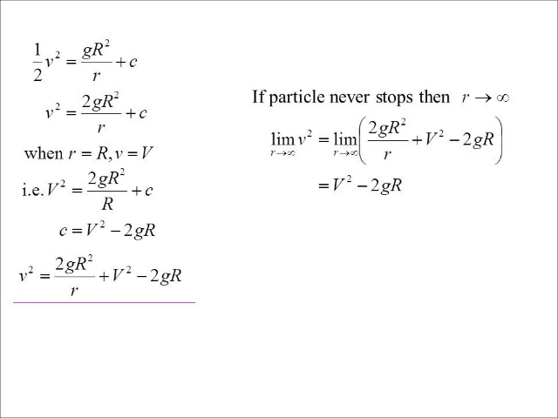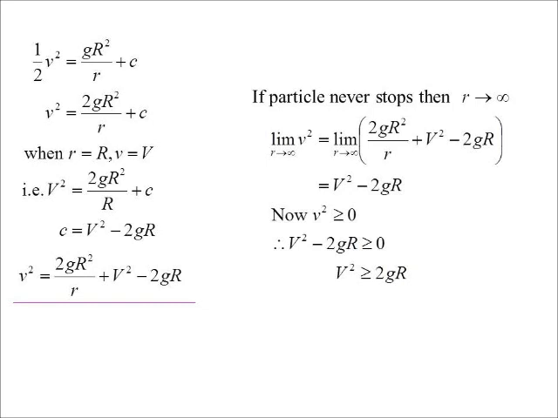Okay? But v squared has to be greater than or equal to 0. I can't change that. So I now know capital V squared minus 2gr will always be greater than or equal to 0. So V squared will always be greater than or equal to 2gr. So what is that saying? In order to escape the Earth's atmosphere, capital V squared must be greater than or equal to that.